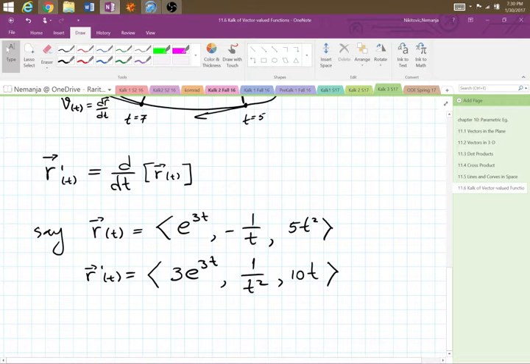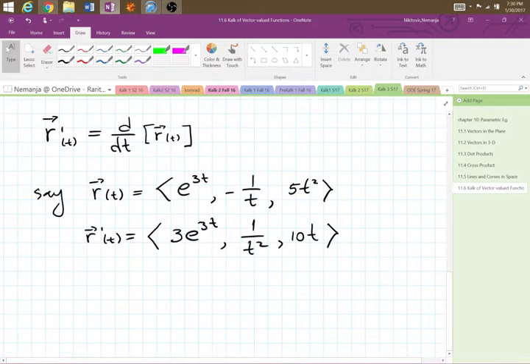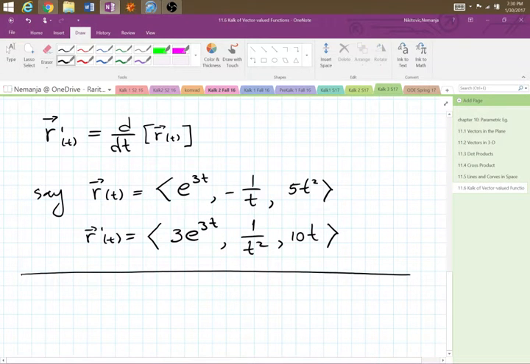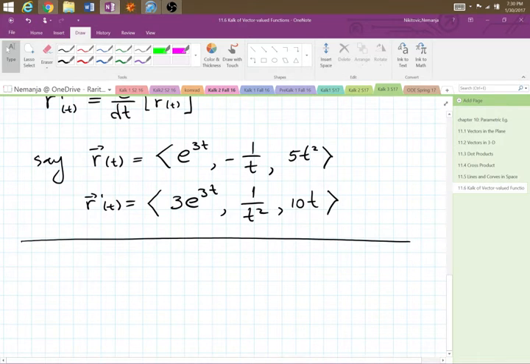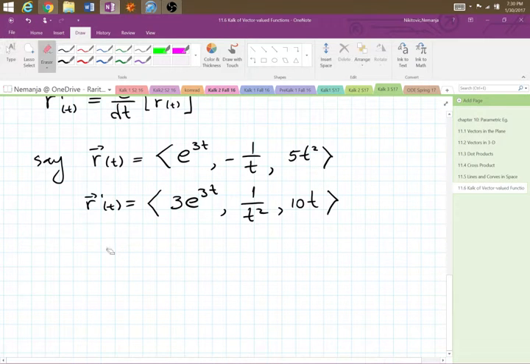All right. What else? Let's do the same. Forget about the line. Let's just do the integral of r of t dt. What's that equal to?